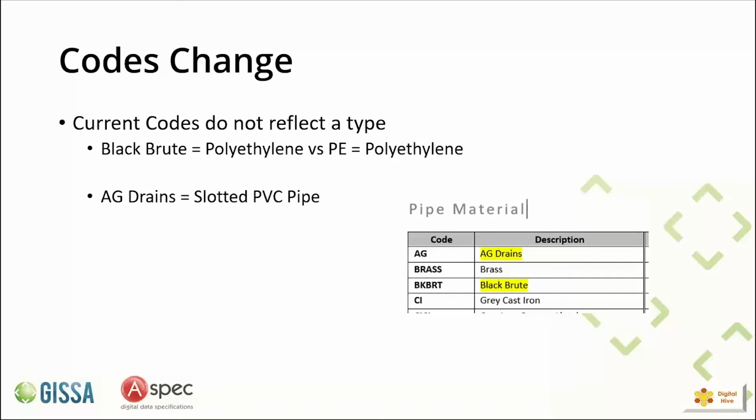And AG drains, or Aggie drains as they're called, is typically a slotted PVC pipe. So what we are proposing to do is remove those as discrete entries and have them as aliases aligned with the polyethylene and the slotted PVC pipe.